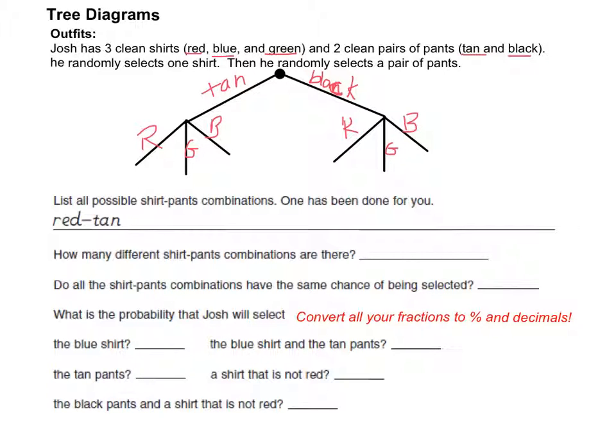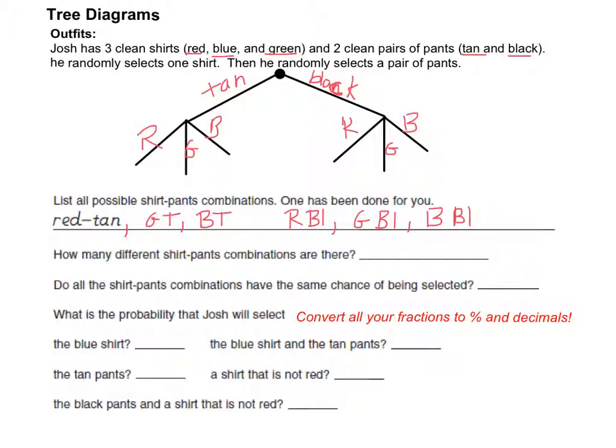So let's list out all the possible combinations. We could have red with tan. We could do green with tan. We could have worn blue with tan. We could have also done red with black, and I'm going to write BL to keep it separate from the B for blue. Green with black pants, and I could have also worn the blue shirt with the black pants.